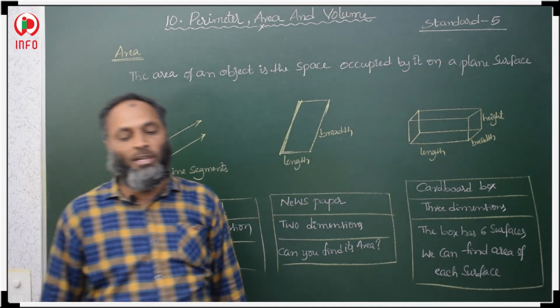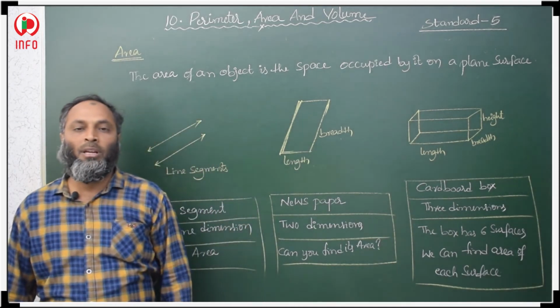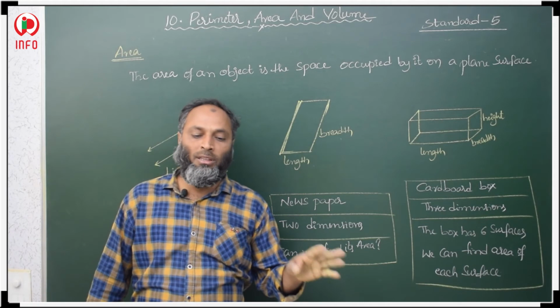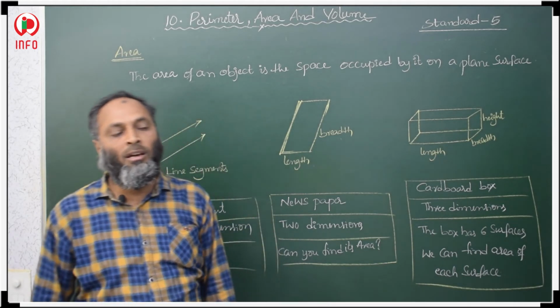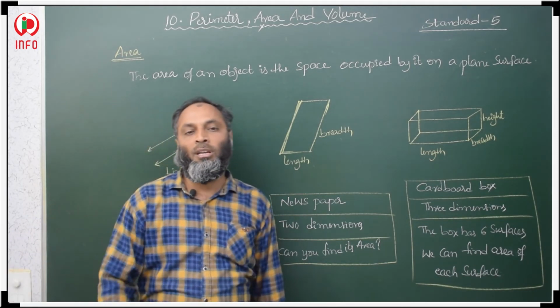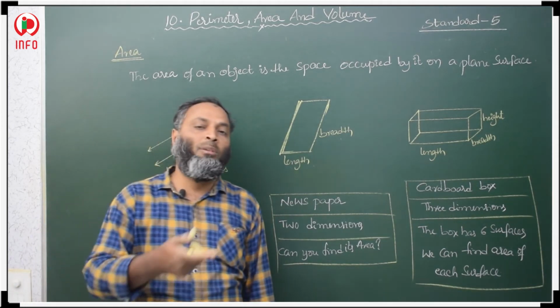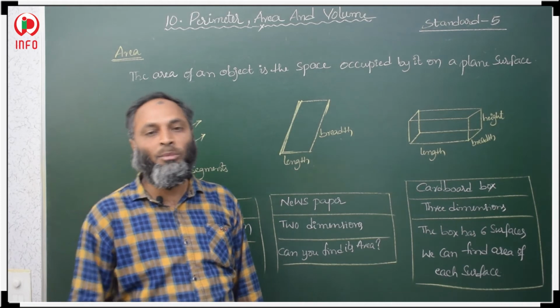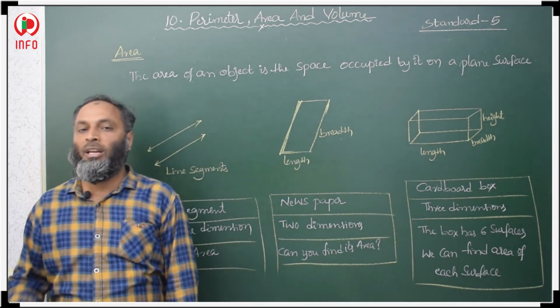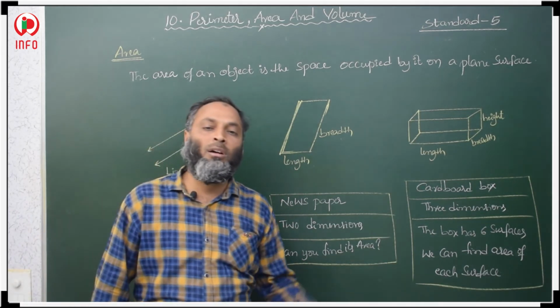In a textbook one picture is given. On a table he kept 3 books. 1, 2, 3 books he kept. He wanted to keep one more book on the table, but there is no space. That means no area left.